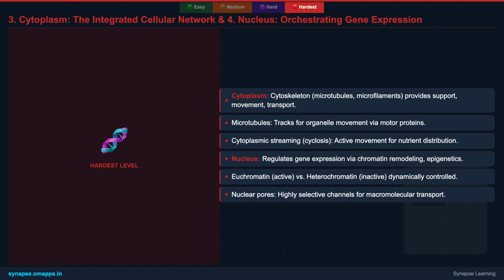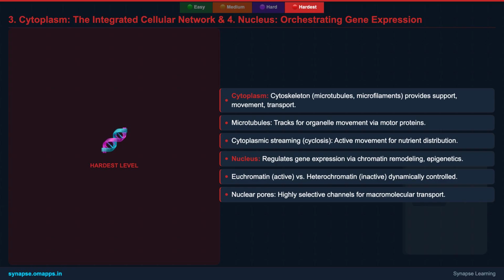These modifications dictate which genes are accessible for transcription, profoundly influencing cellular identity and function. Nuclear pores, intricate protein complexes, are not passive channels but highly selective gates, controlling the bidirectional transport of macromolecules like mRNA and proteins, ensuring precise genetic control.